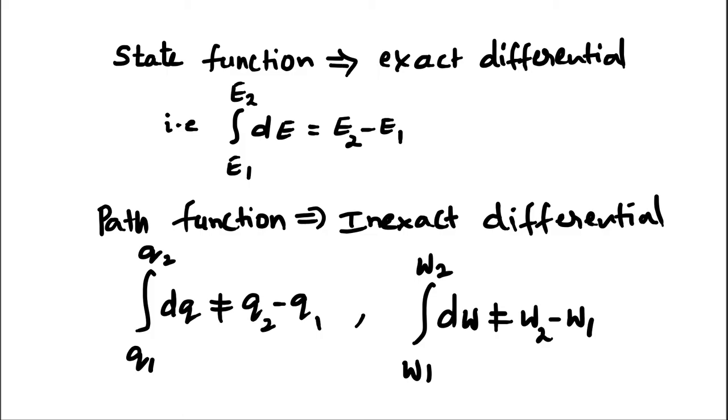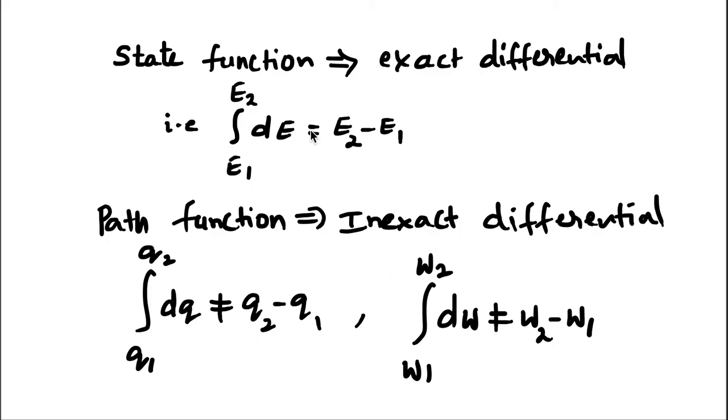Basically, history. It depends on the history of how you have come to that state. And a state function is an exact differential, whereas a path function is an inexact differential. What is the meaning of path functions and state functions in terms of exact and inexact differentials?